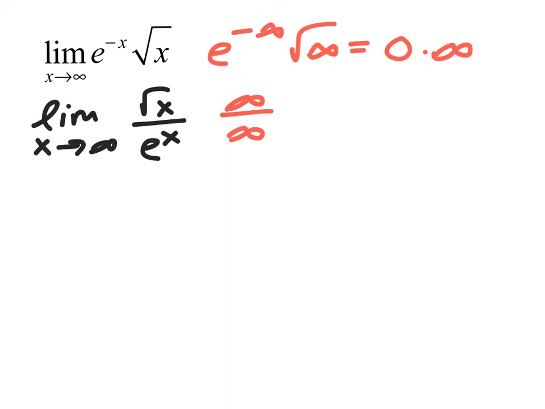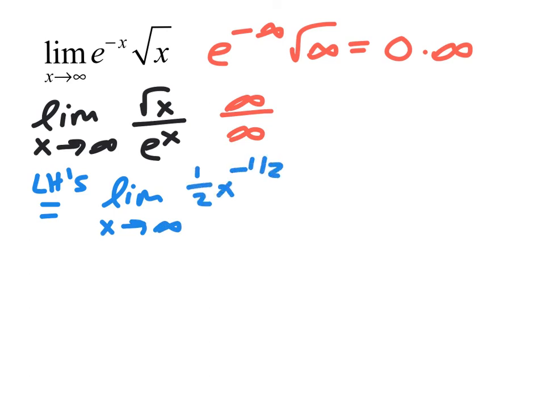So I'm going to go ahead and differentiate. So using L'Hopital's rule now, I have the limit as x is approaching infinity of 1/2 x to the negative 1/2 over e to the x. It's good to go ahead and move that x to the negative 1/2 into the denominator.